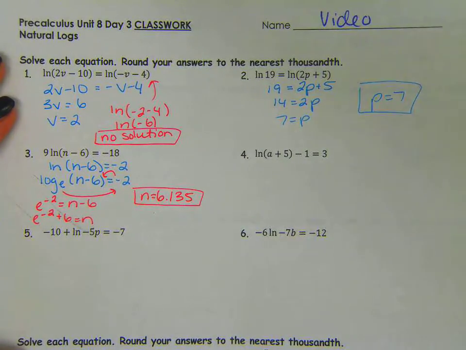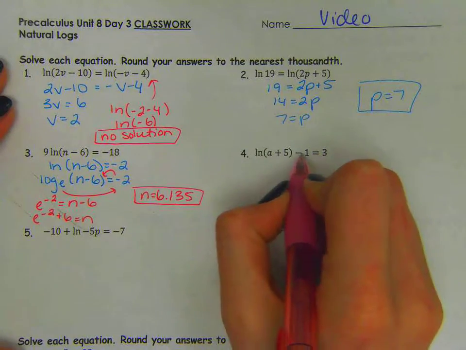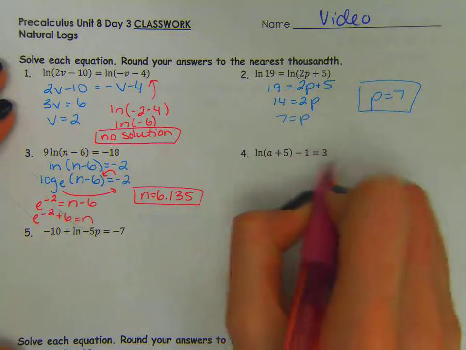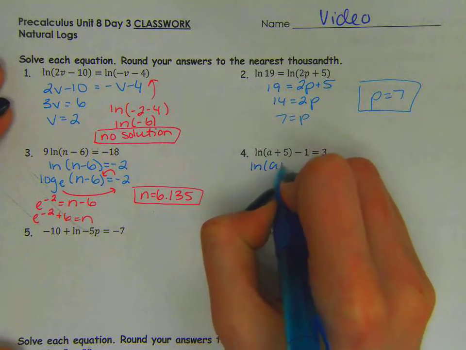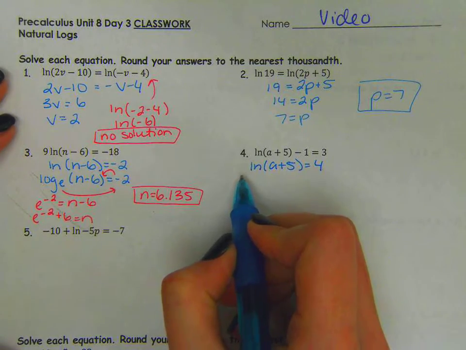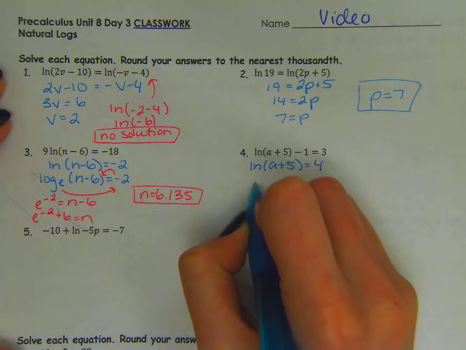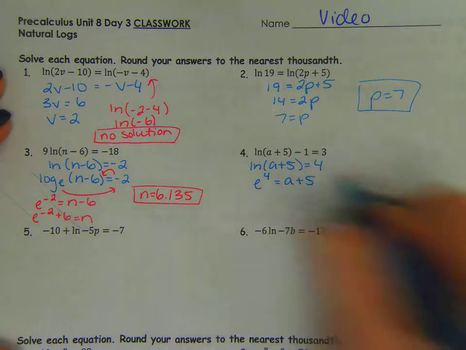We'll do this similar process for number 4, except I'm going to skip this step. Again, I want just ln of something all by itself, so I'm going to add 1 to both sides. So I have ln of a plus 5 equals 4. I know that ln is log base e, so I know that I'm going to have e to the 4th equals a plus 5.